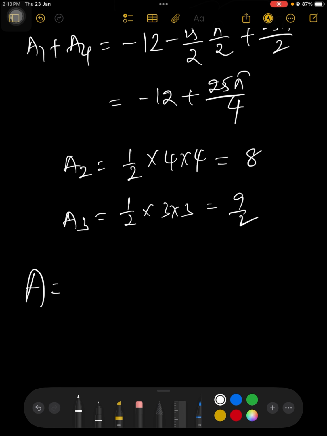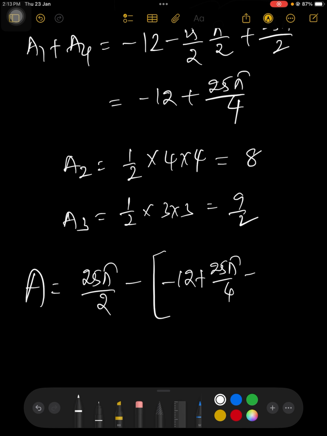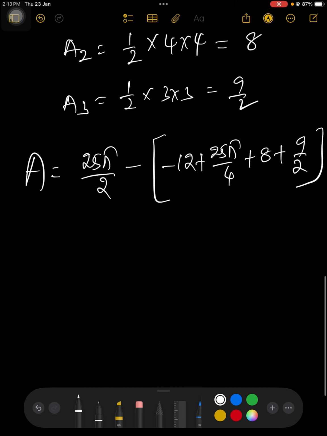Finally you can say that the main area is 25π by 2, minus all these areas you have to subtract: minus (12 plus 25π by 4 plus 8 plus 9 by 2), right?